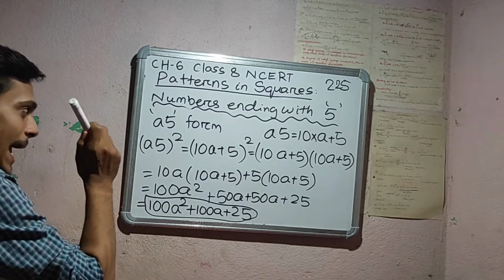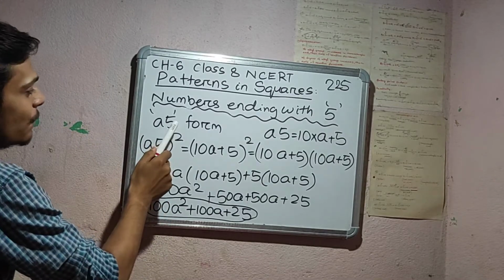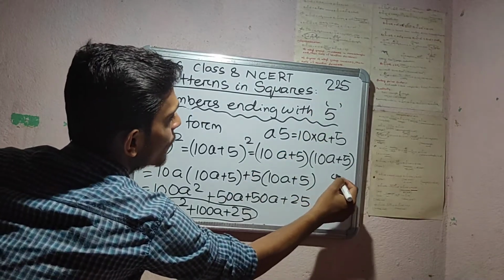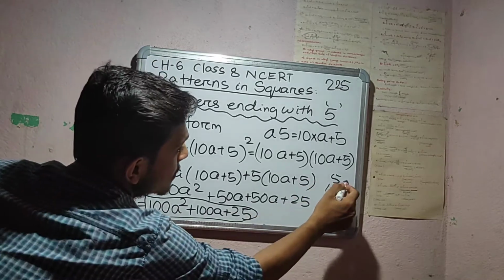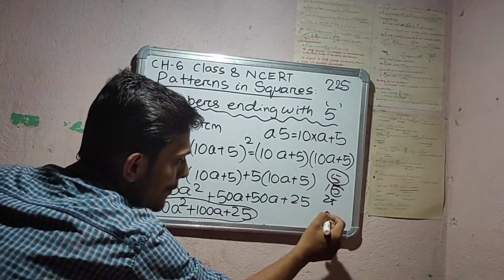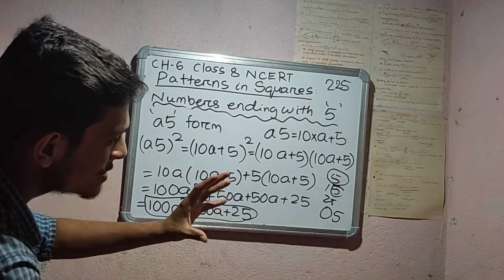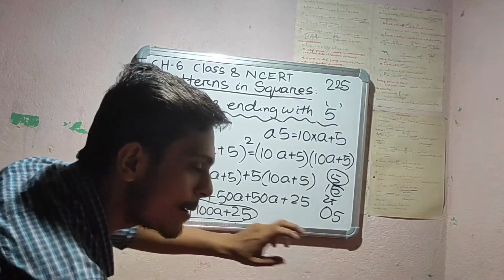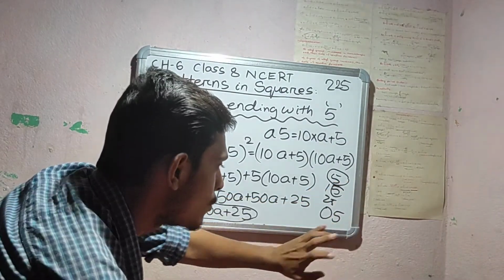Any number ending with digit 5 is in the form of this. It may be 5 or 15 or 25. See, here the ending digit is 5. 5 means what? 0, 5. Yes or no? A number less than 10, that is a 1 digit number, we can add 0 on the left side, so there is no value change. So 5 is equal to 0, 5.